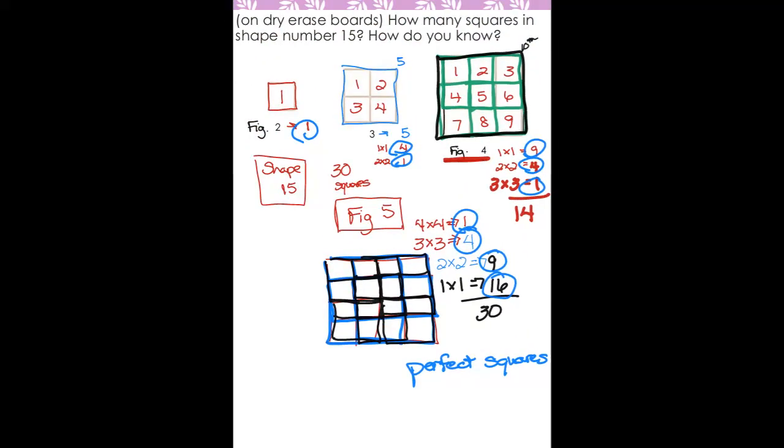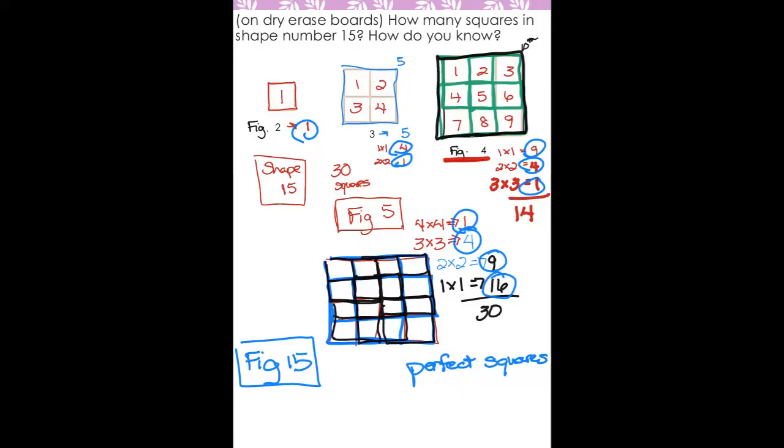So if I have figure 5, it starts with the 4 by 4. If I talk about figure 15, what is the largest square that I'm going to have for figure 15?